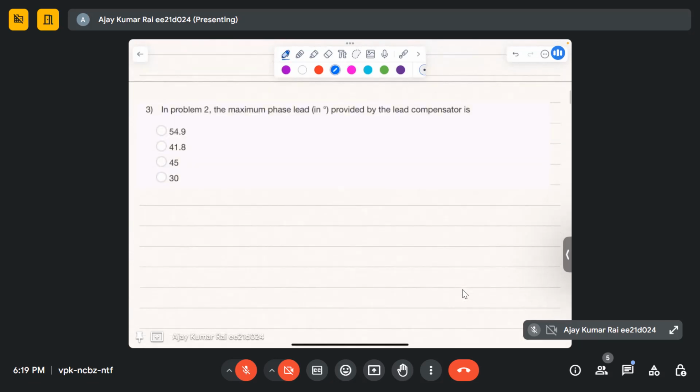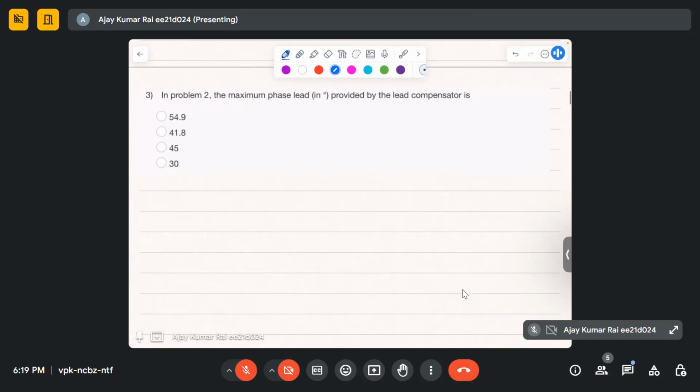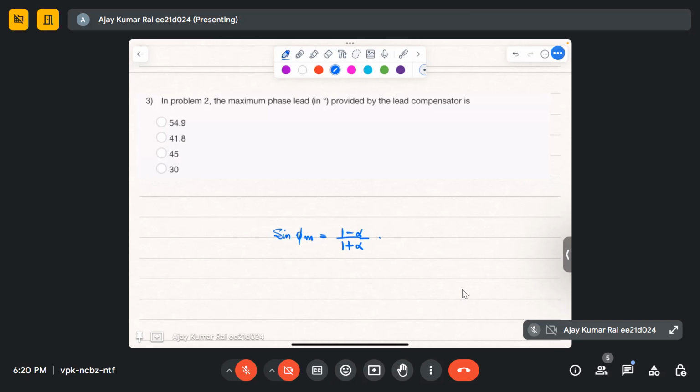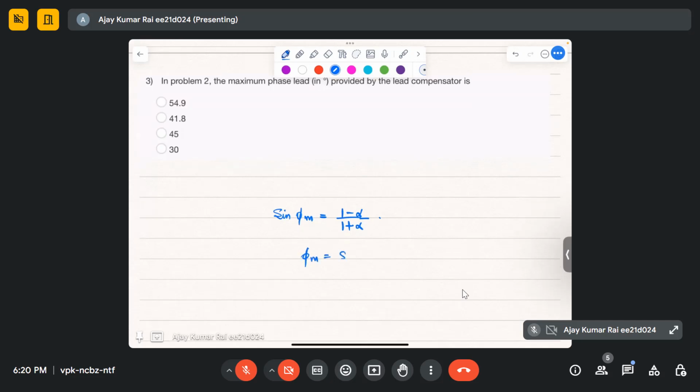Let's go to the third problem. In problem 2, the maximum phase lead provided by the lead compensator. I told you to remember this formula.